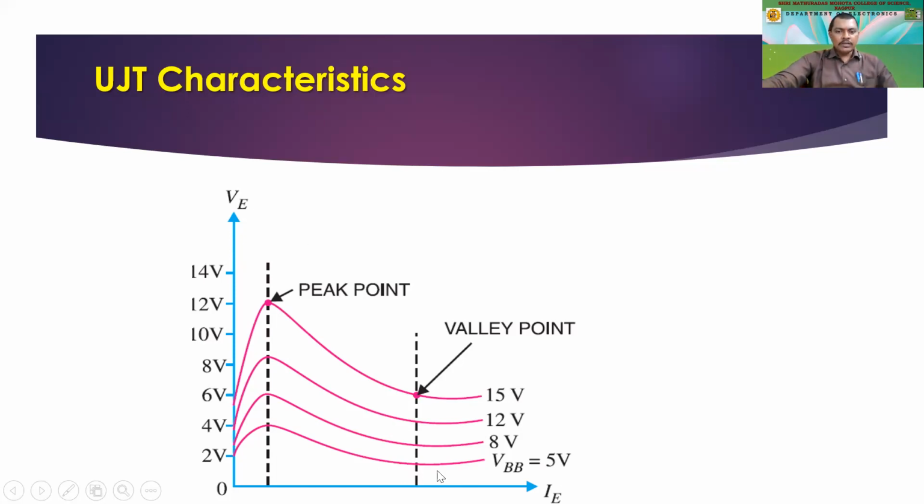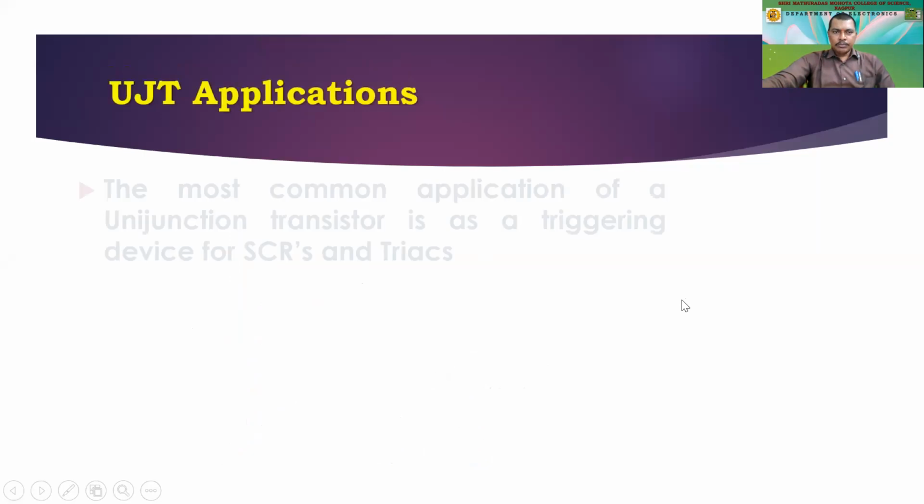Okay, so we can infer that as we increase the VBB, voltage across the transistor, the current IE also increases, or the peak voltage across the emitter also increases, right? So this is another graph with different base bias voltage, VBB.